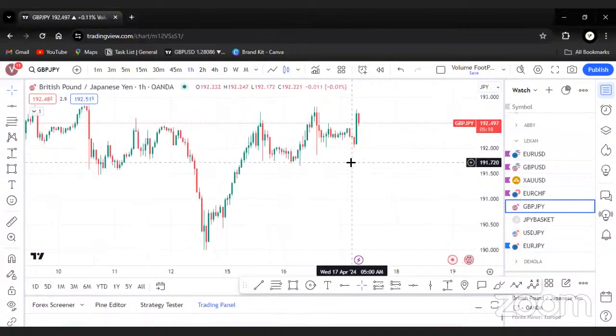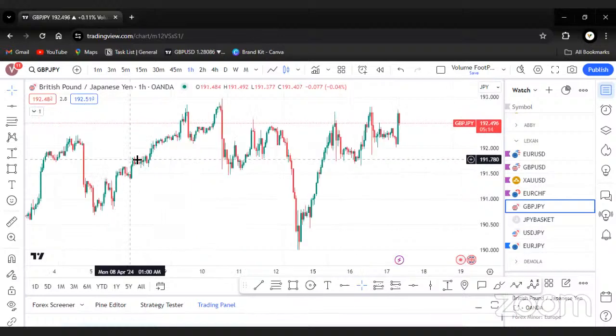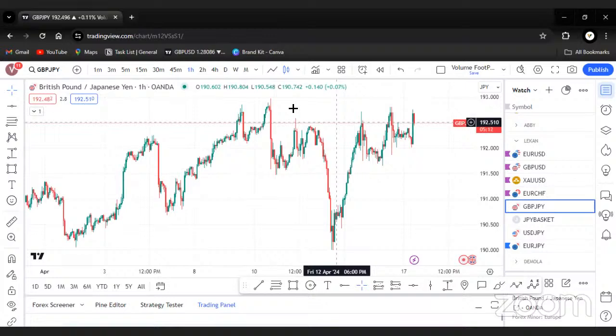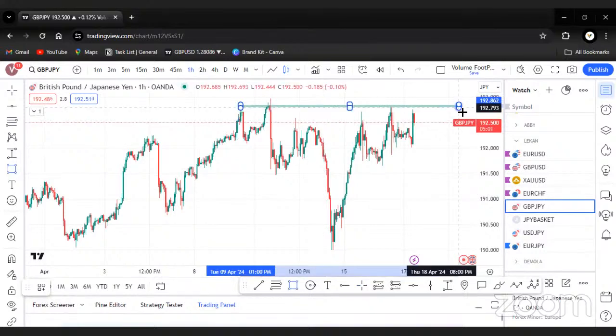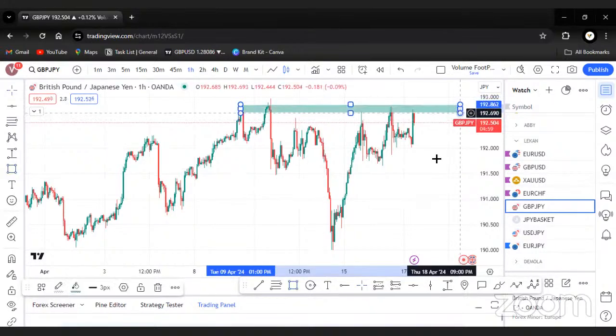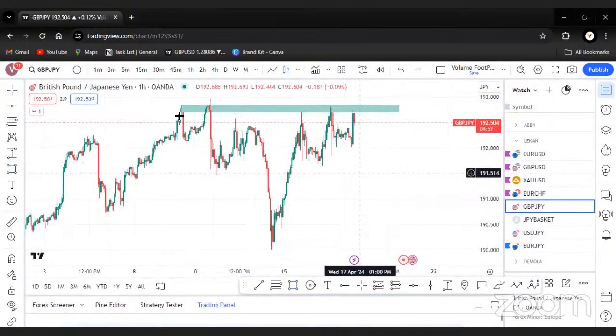But that is not enough for us to continue going higher on GBP JPY generally. For me, I'm expecting to see some sell-off of GBP JPY. If you can see, using normal box structure, you can see how that has formed somewhere around here. This is the box structure for the GBP JPY sell. Right here, here it is.